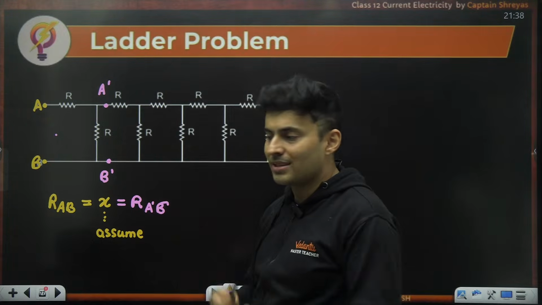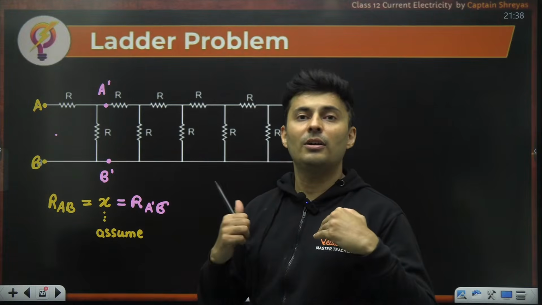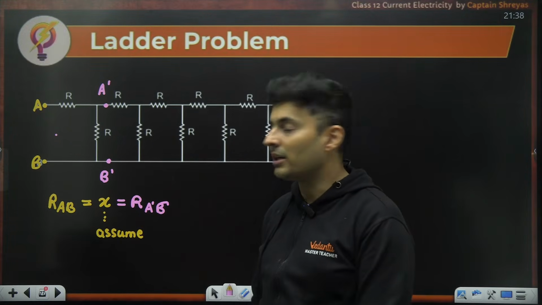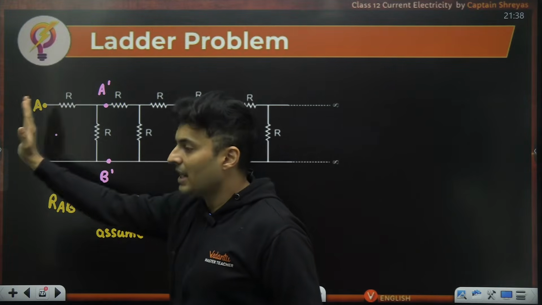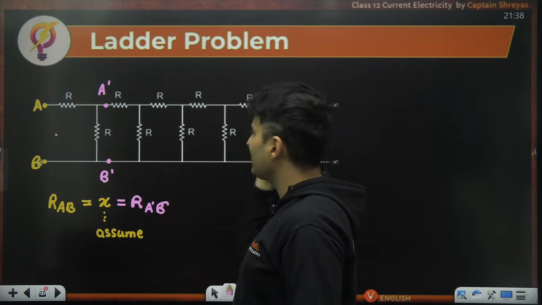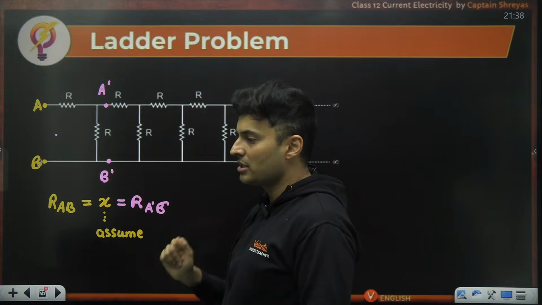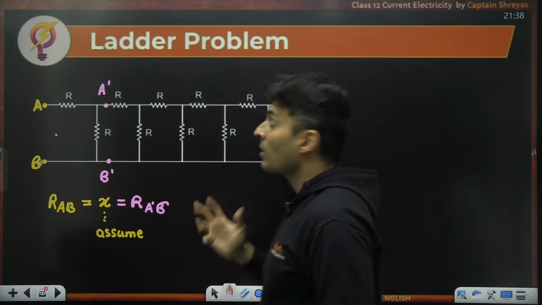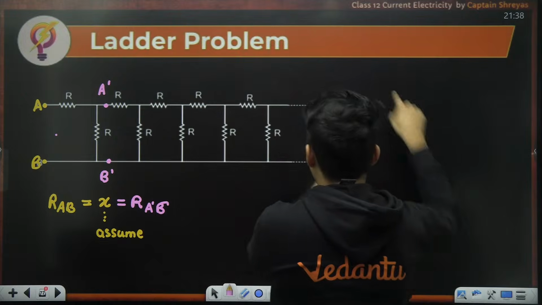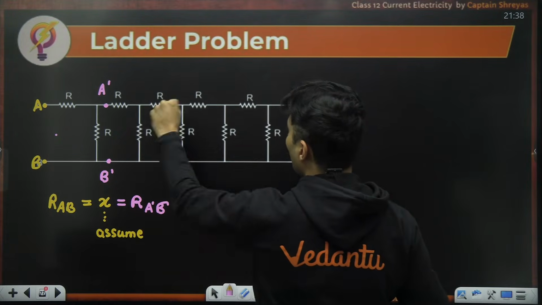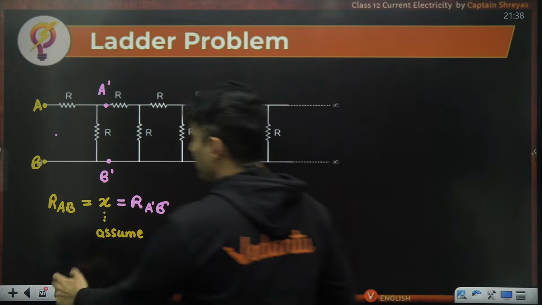So when you add or subtract from infinity, it does not make a difference. So out of this infinite ladder, if I take this out, it is the same thing as the original figure. That brings me to the point that whatever is there ahead of it has an equivalent of X, which we want to find.